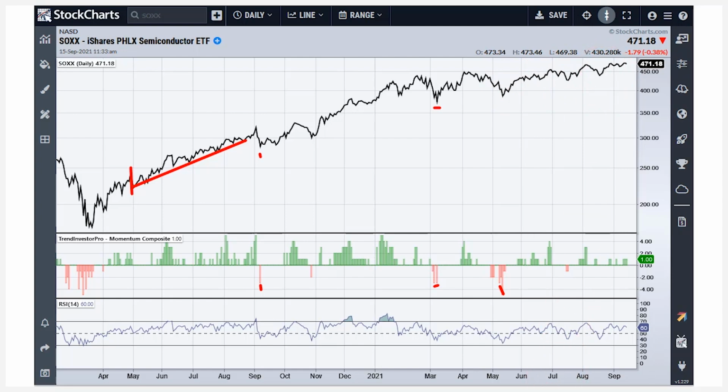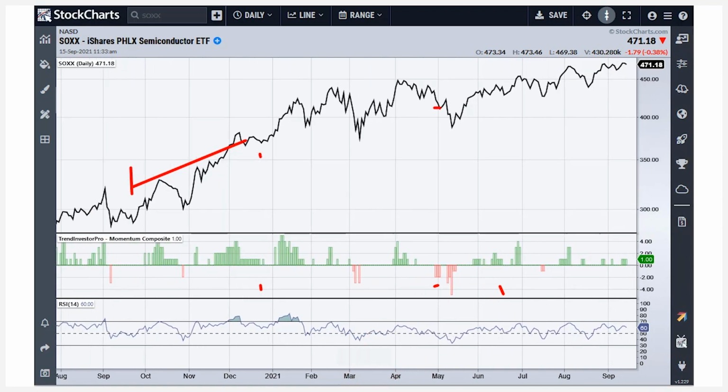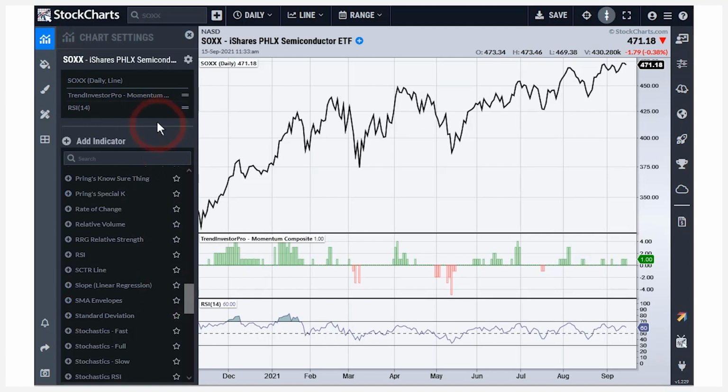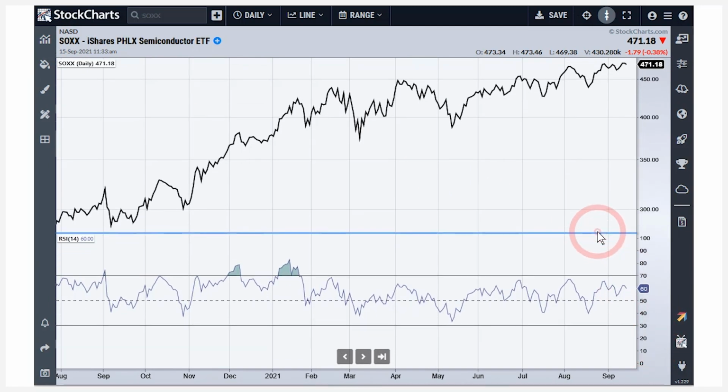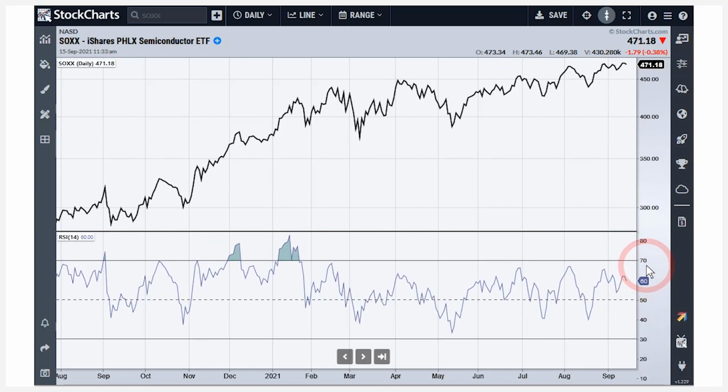I'm going to open up that period a little bit more, and I'm going to remove the momentum composite, because what I want to focus on now is RSI. And so I'm going to open up RSI a little bit here and expand that scale. So we didn't get any momentum composite oversold conditions in this period here that were qualifying for oversold.